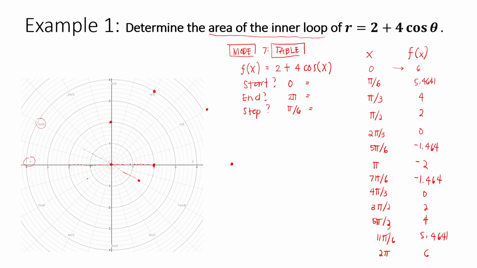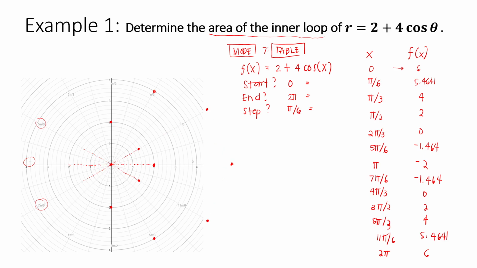Starting with positive 1.5 on the 7 pi over 6 line, going to the opposite side because it's negative, then going back to 0, and then 5 pi over 3 is 2, and then 4, and then 5, and then 6.